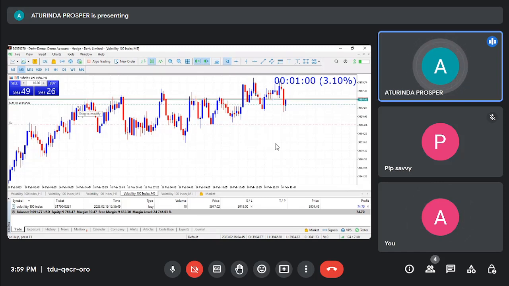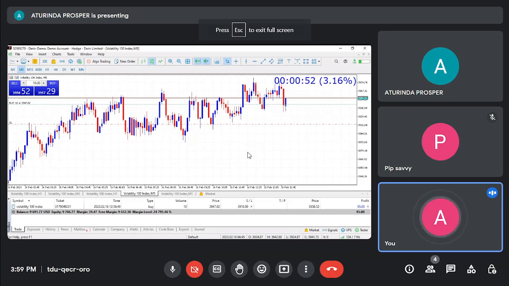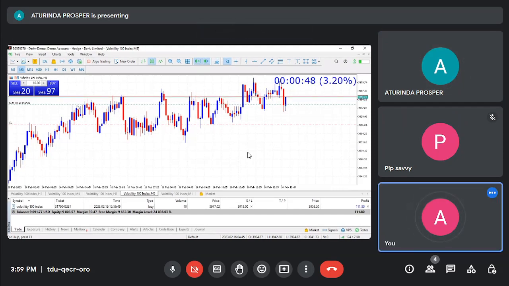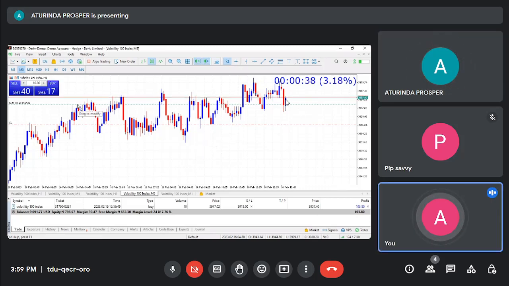Isn't that very far? That is very far. Why does it refuse? Now, there is one thing I've discovered with this asset. It doesn't want this stop loss and take profit to be very close to the current market. It just wants to eat your money. It wants you to put it at least far away.